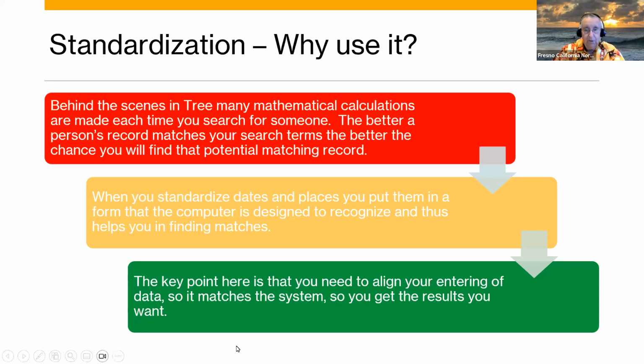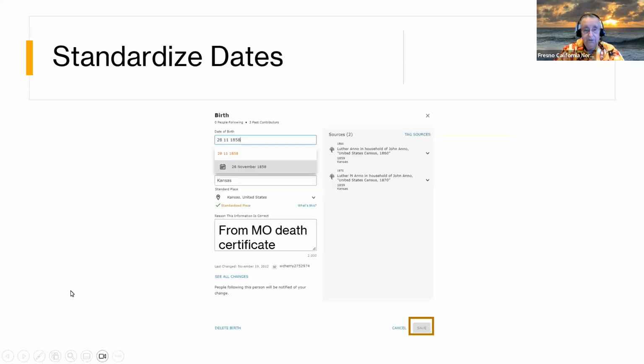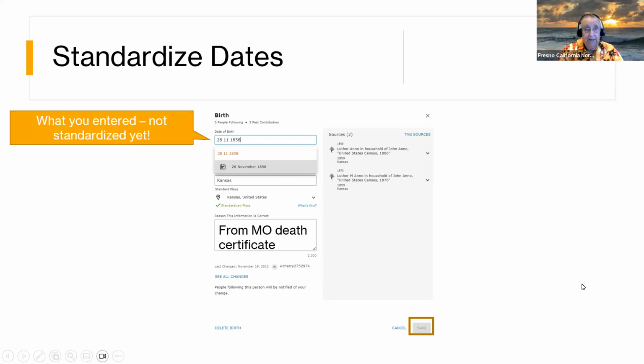Okay, the key point here is that we want to align what we're doing with the system. We may not feel like it's that important, but quite truly, it really is. So on standardizing dates, this is a good example. I'm in on a birth fact, and I just want to do a birth fact for somebody, and I've entered it in a form that the system doesn't like. I'm using just numbers, so it's not standardized.